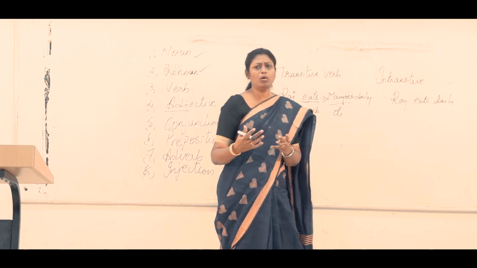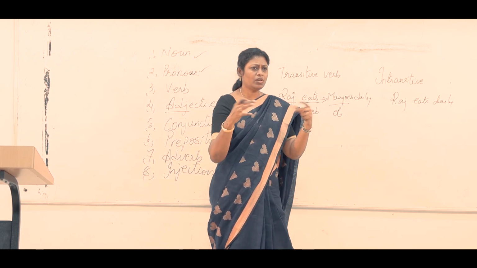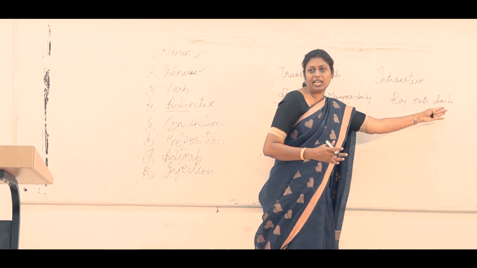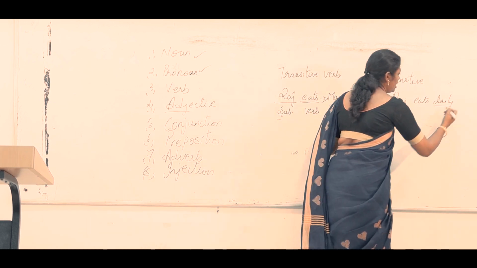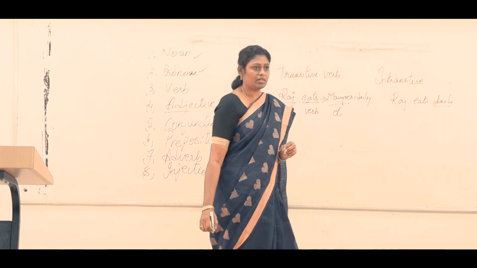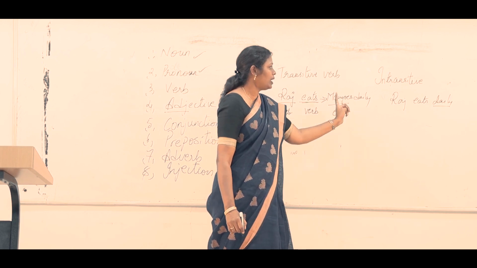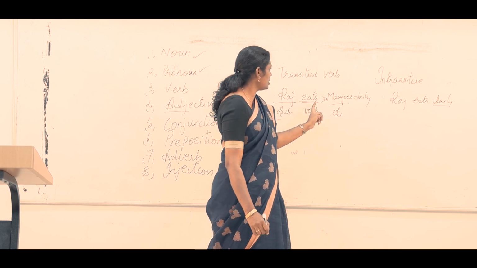So how do we know whether there is an object or not in a sentence? Most people get confused because we have written Raj eats daily. Some people consider daily as an object, but that is not an object.